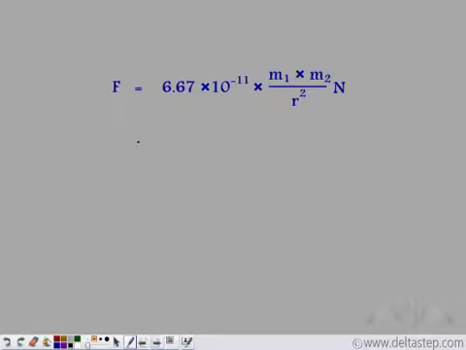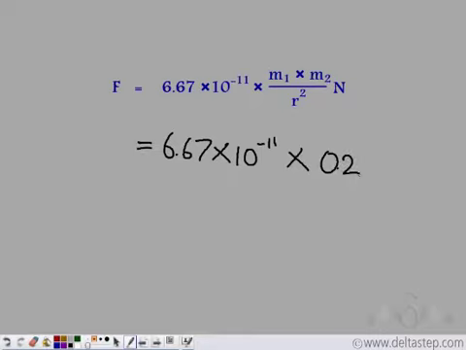Let's substitute the values here. We get 6.67 into 10 to the power minus 11 into mass of the ball, which is 0.2, into mass of the bat, which is 1, divided by r square, where r is the distance.